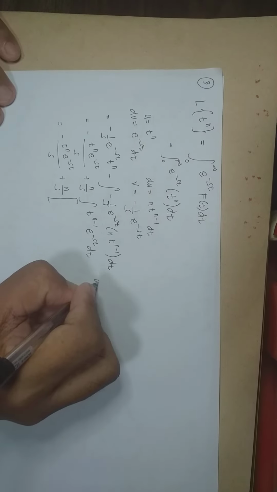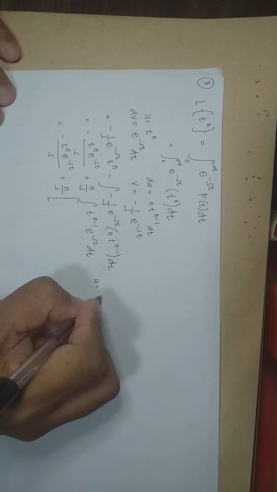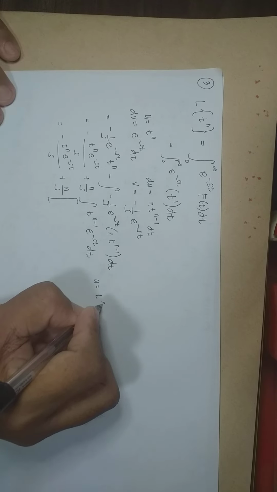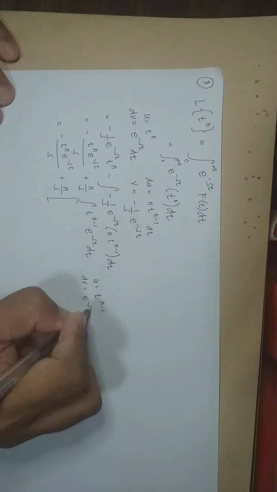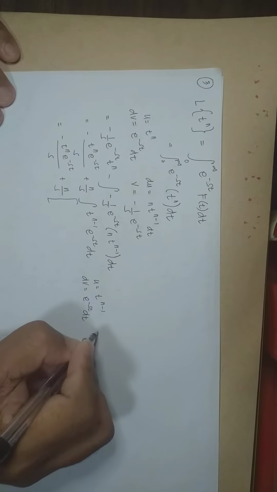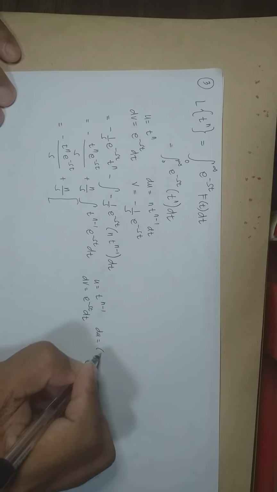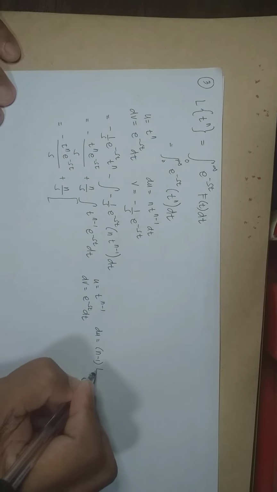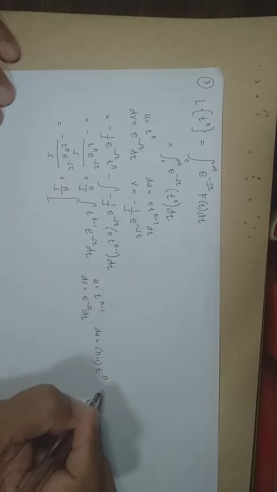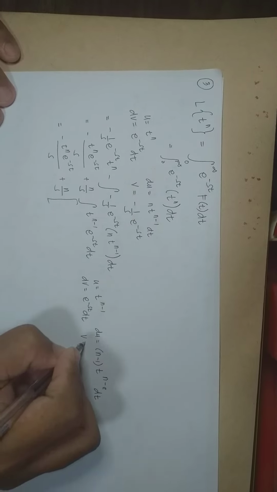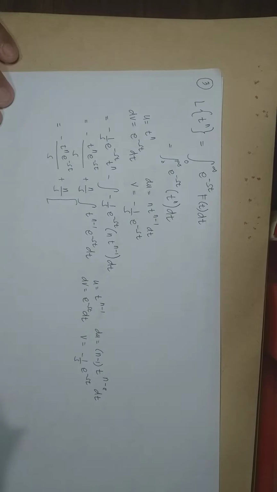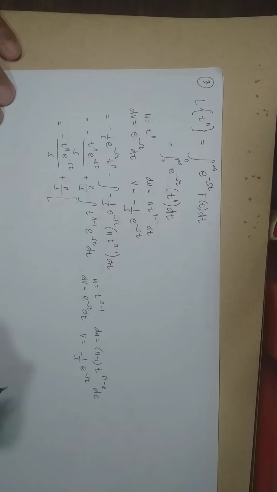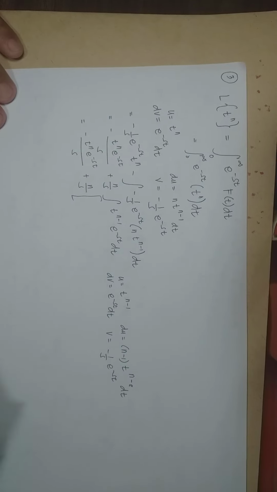So again, your u is t raised to n minus 1. Your dv is e to the negative st dt. Your du is n minus 1 t raised to n minus 2 dt. And your v is negative 1 over s e to the negative st. Apply again the formula for integration by parts.